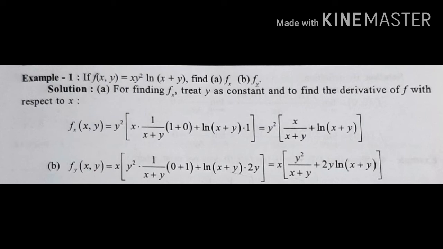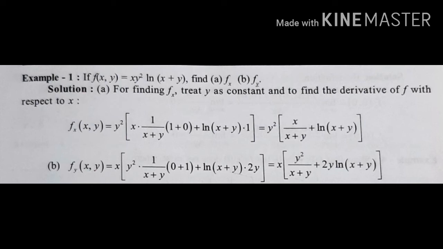And similarly, we have to find now fy. fy means the derivative of the given function with respect to y, treating x as a constant. So fy(x, y) is equal to: x constant, and we have to differentiate y² ln(x + y). The first function y² is unchanged. Second function derivative is 1 by (x + y).